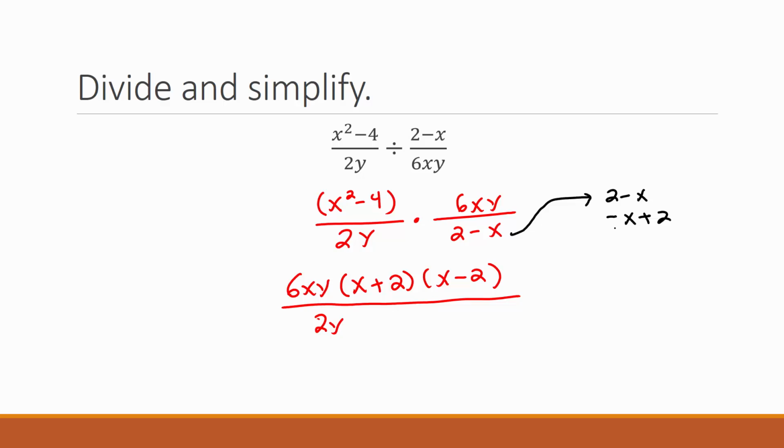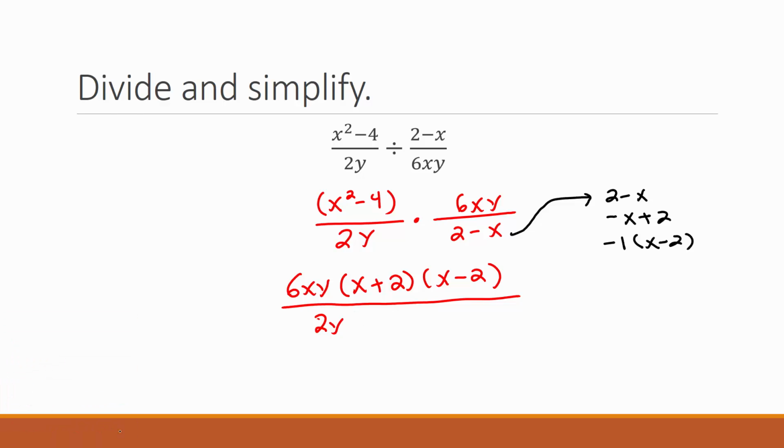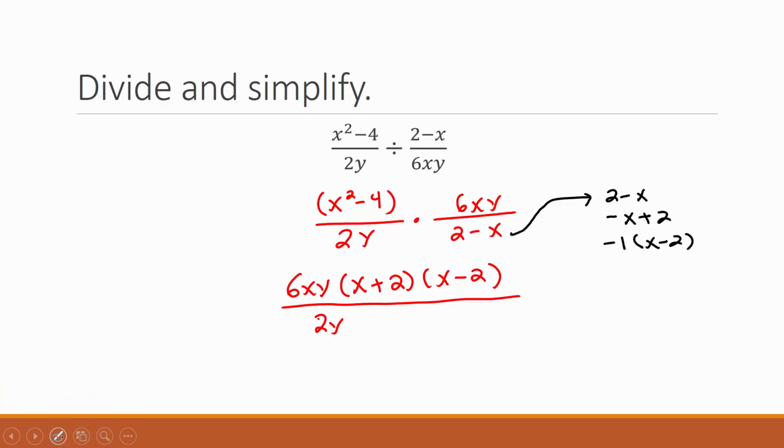Now, remember, we can factor out the negative 1 and write that as negative 1 times x minus 2. So instead of writing 2 minus x, I'm going to write negative 1 times x minus 2.